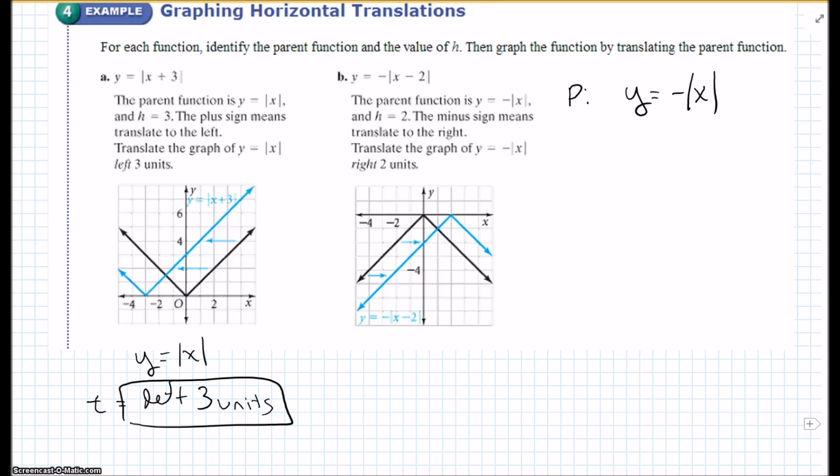That is the parent function. Now let's find the translation. It's minus 2, so my h value is just 2. The minus sign means we're going to translate it to the right. So we're going to move everything to the right by 2 units. Okay? Moving on.